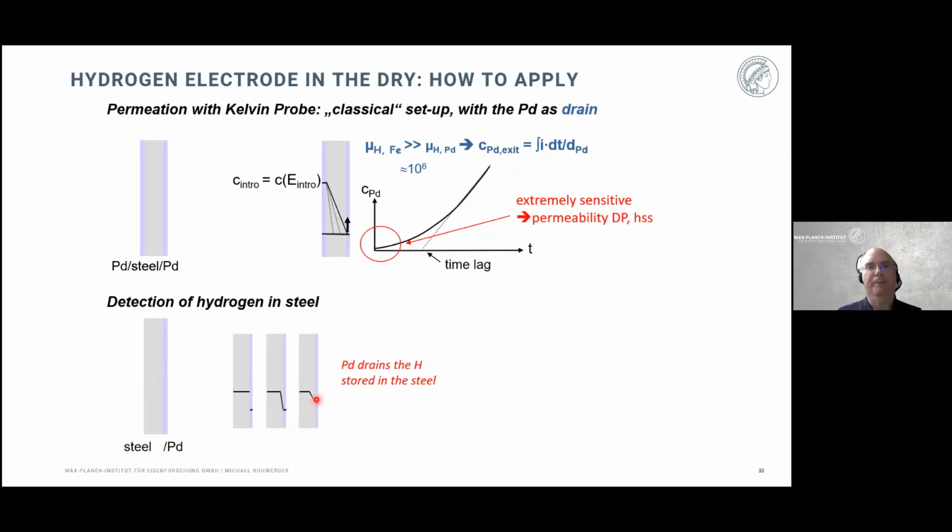This way we can measure either permeation through steel or aluminum, or we can measure local hydrogen activity, because the release from the steel, for example, to the palladium tells us about the local activity of hydrogen. Not just the concentration, but the activity. That's what drives the diffusion process, or the release into the palladium, right?